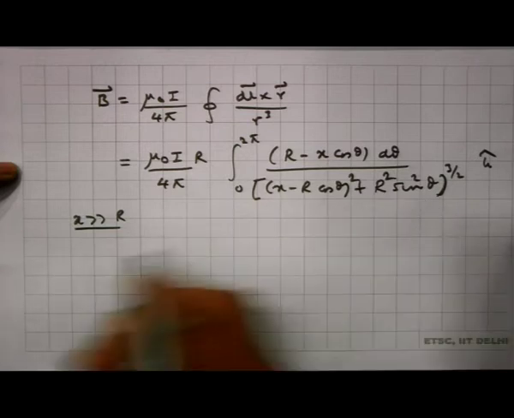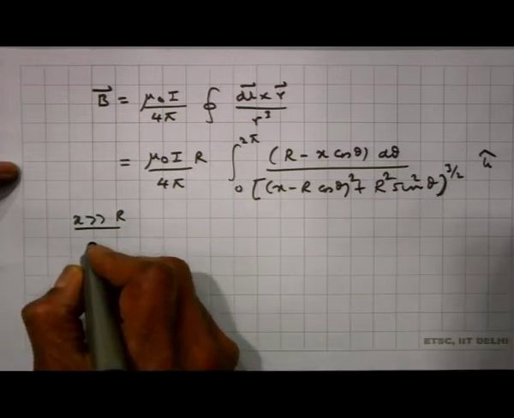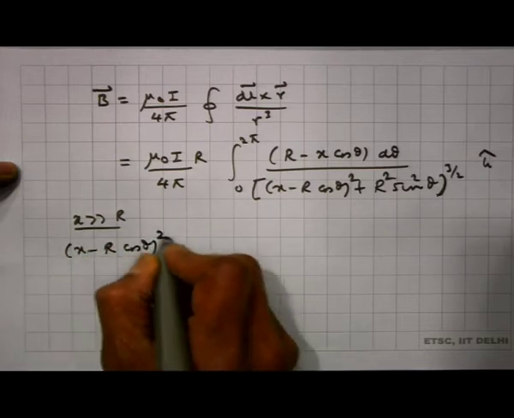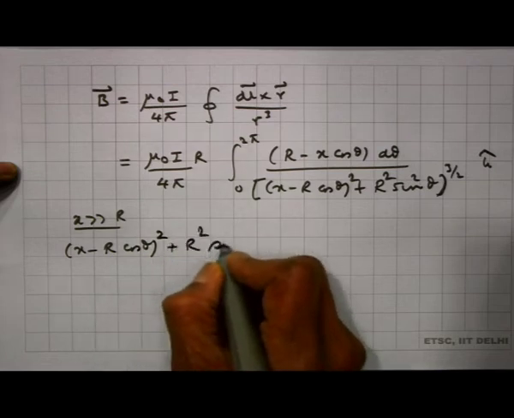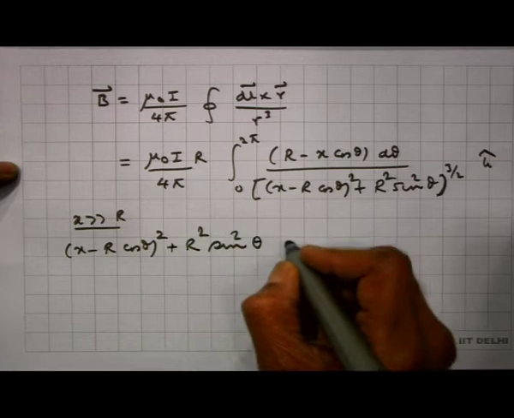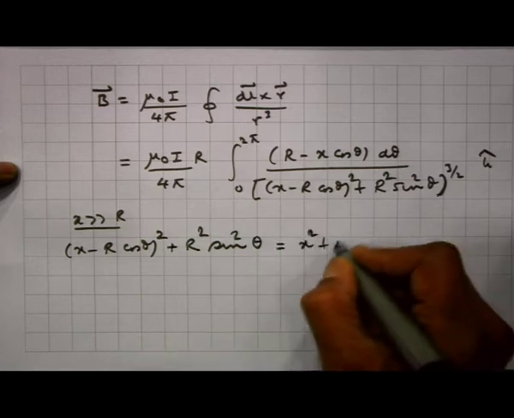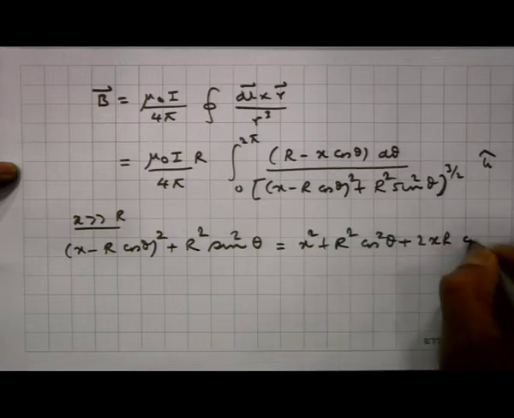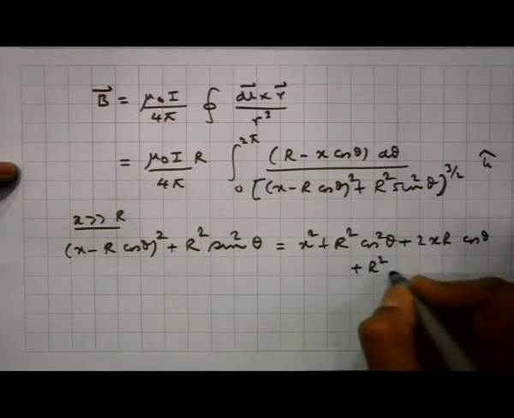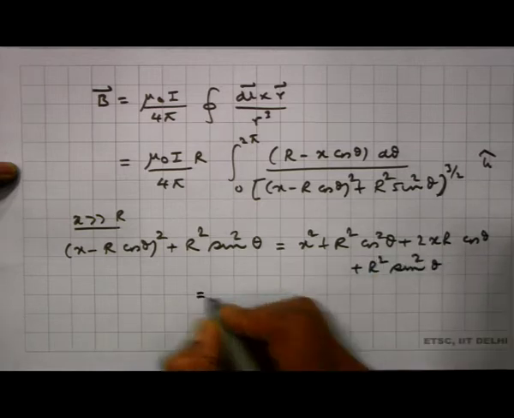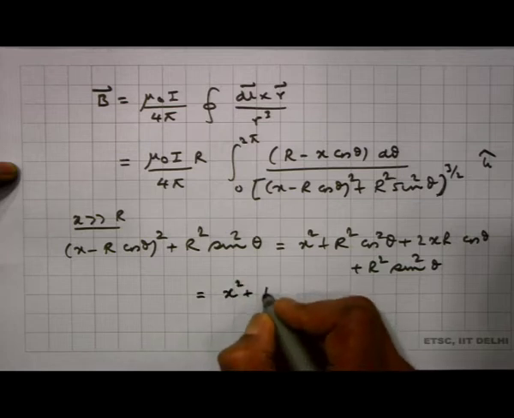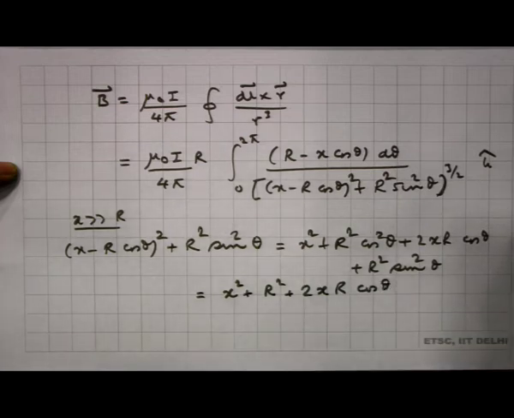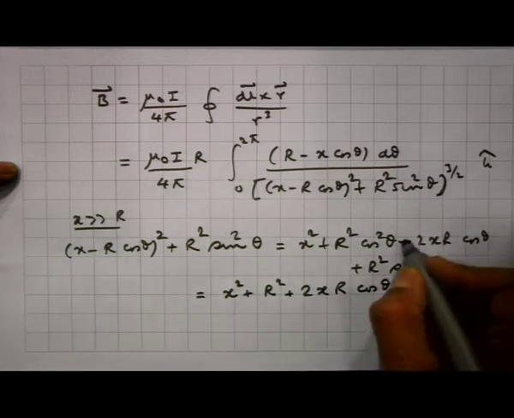So, I want to expand the denominator here. Let me write this. x minus r cos theta whole square plus r square sin square theta, which is equal to x square plus r square cos square theta plus 2 x r cos theta plus r square sin square theta, which is equal to x square plus r square plus 2 x r cos theta minus 2 x r.